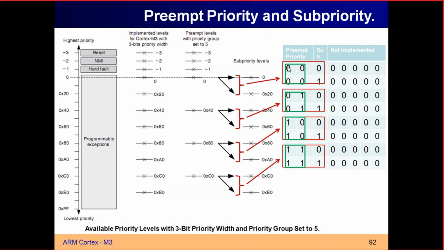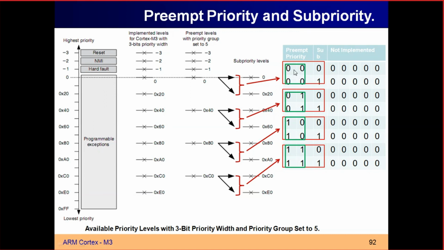These two are the preempt priority. This is the sub priority. So if it is 0 0 0, what is that value? 0. If it is 0 0 1, what is the value? 2, 0. Then 4, 0, 5, 0, etc. So these two values 0 and 0, 2, 0 belong to this group.